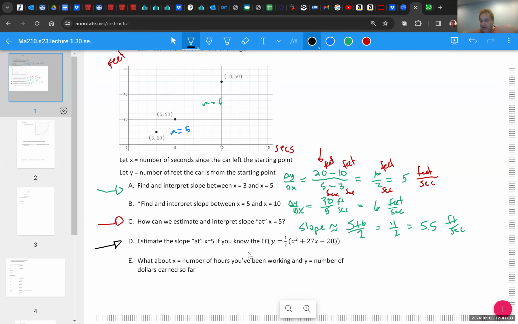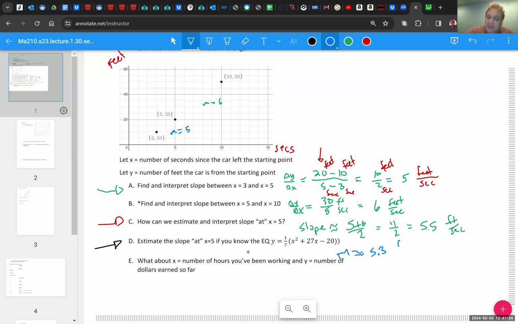So we estimated the slope at x equals 5 by using a sequence of x values getting closer and closer and closer to 5. We looked at numbers smaller than 5 and larger than 5, and we got a slope approximately 5.3. And that is supposed to be 5.3 feet per second, right?